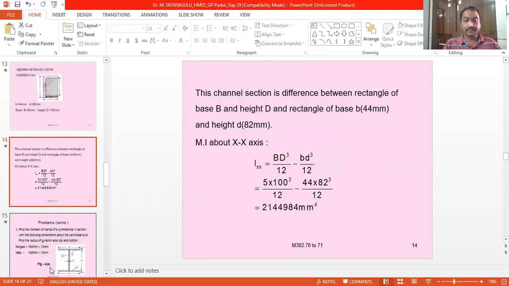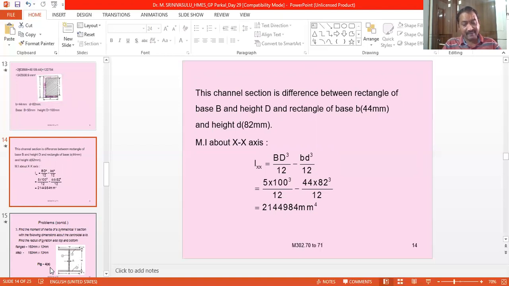Now, the moment of inertia about the x-axis. We know the standard equation: the moment of inertia of a rectangle is equal to BD cube by 12. Here, the smaller rectangle is taken out from the bigger rectangle because it has been cut.